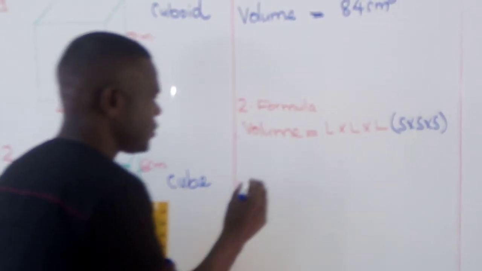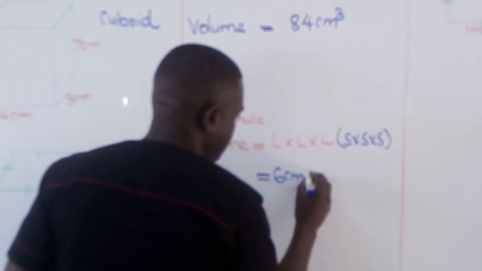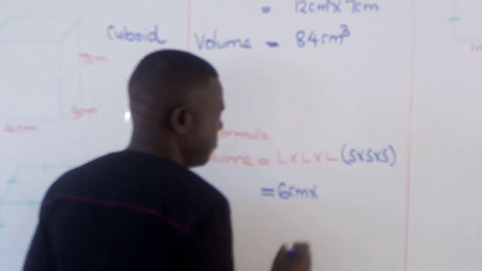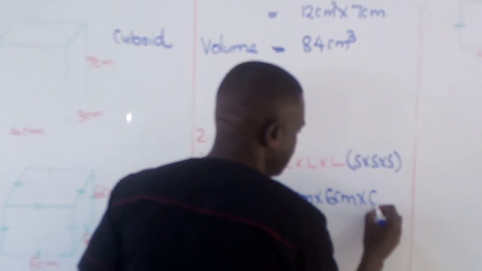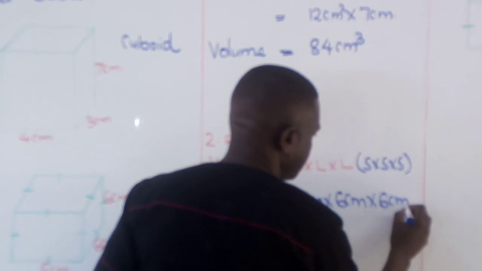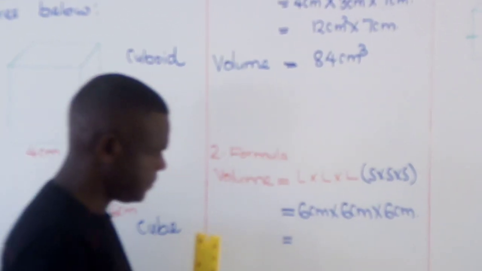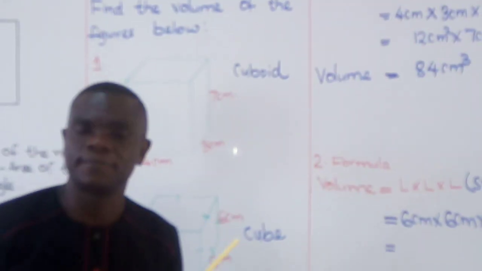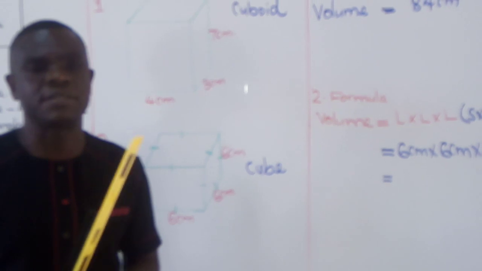So the side of our cube is 6 centimeters. So we multiply 6 centimeters by 6 centimeters by 6 centimeters. Claudia, what is 6 multiplied by 6?